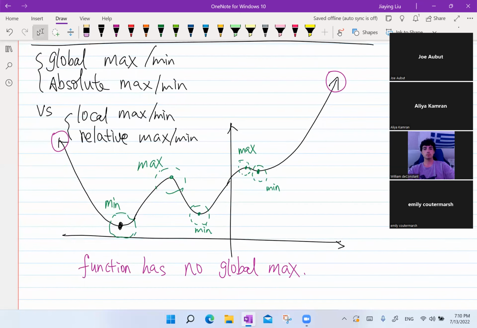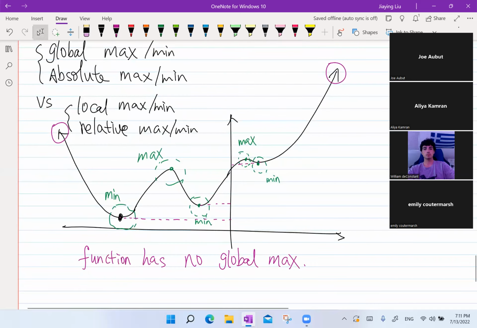But does it have a global minimum? Well, then we just look for which one of the local minimums is really the smallest. And it turns out the first one on the left looks like it has the lowest y value if we compare all the minimums.